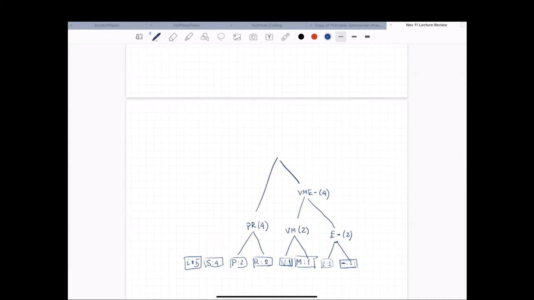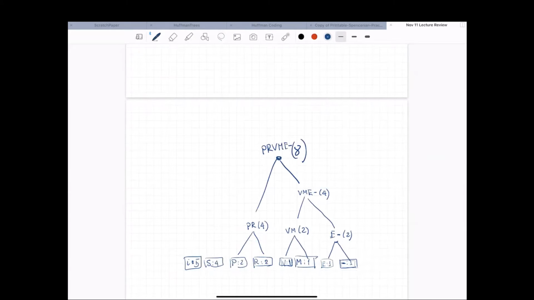So now my node here is going to be 8. And this 8 has P, R, V, M, E, and space. So that's the name of the node. And it has the value 8. Now, what is the smallest now?